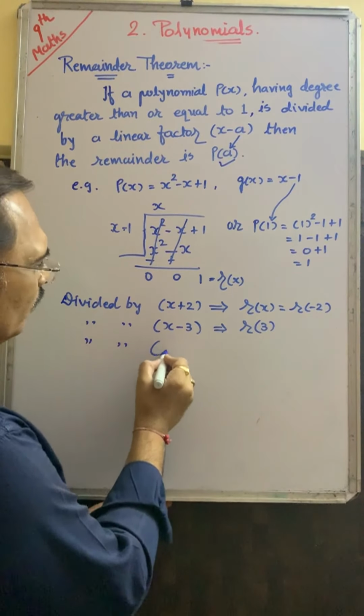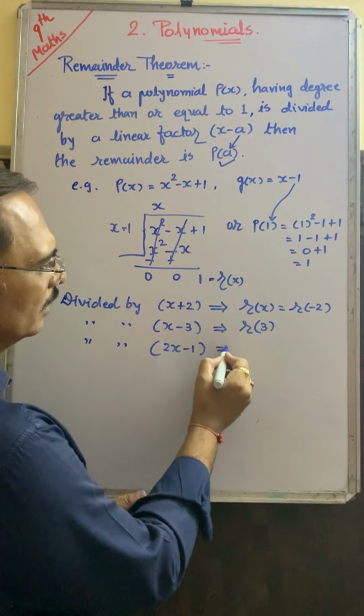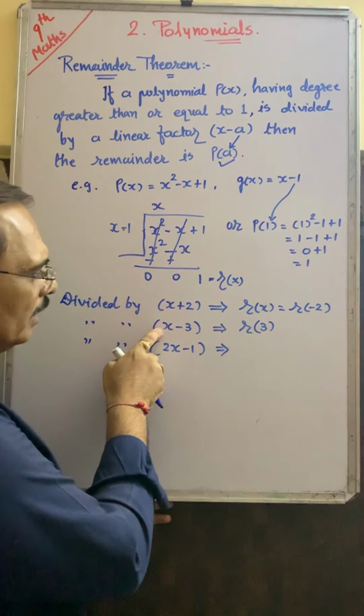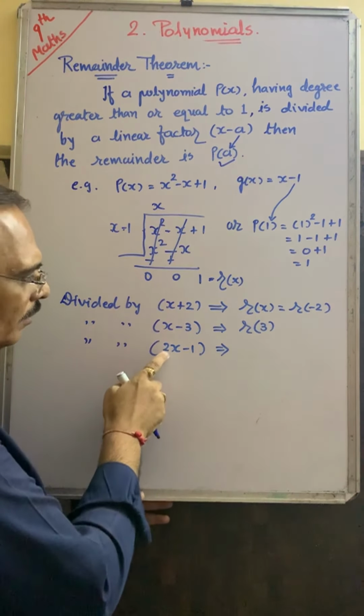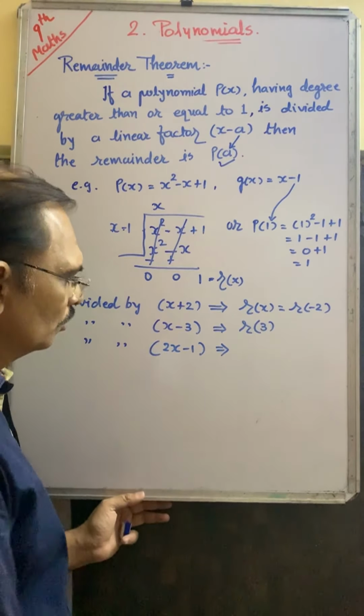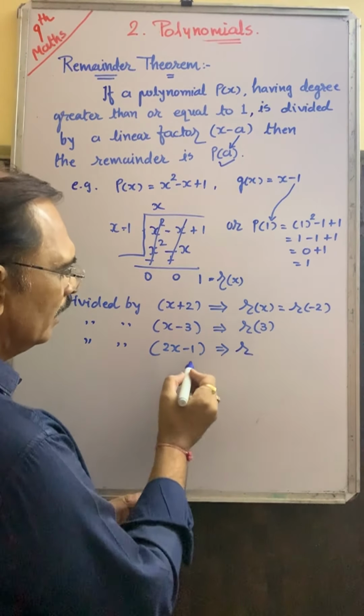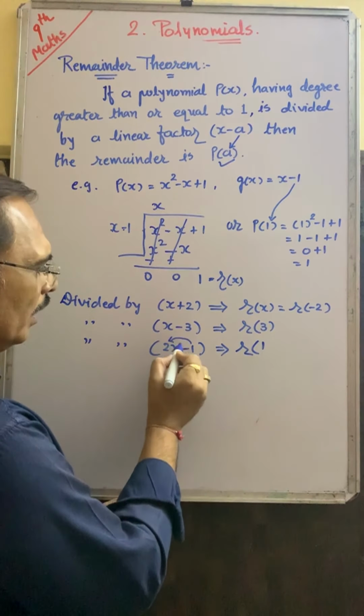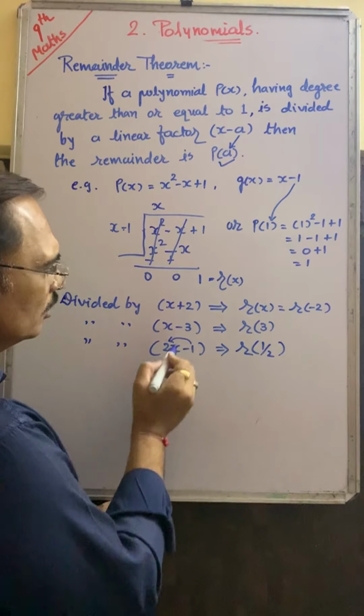If it is divided by 2x minus 1, then remainder is not 1. See, here coefficient is 1, here coefficient is 1, but here coefficient is 2. So you have to write like this. Remainder is minus changed to plus 1, but 1 divided by 2. Here also we do like this.